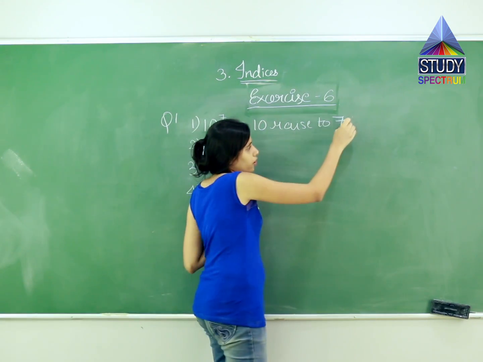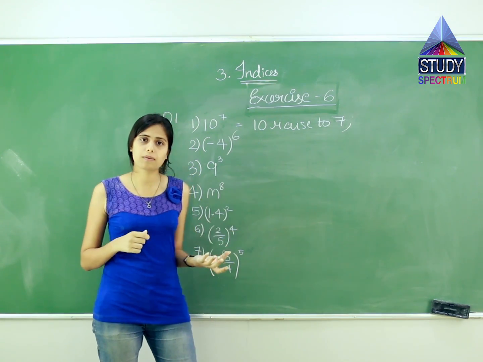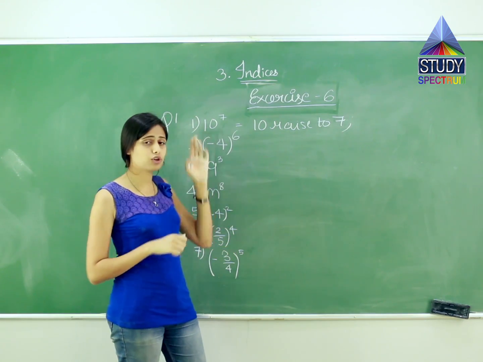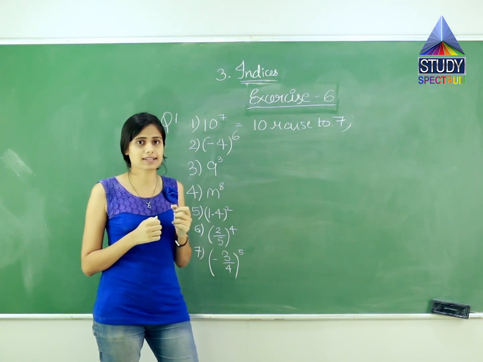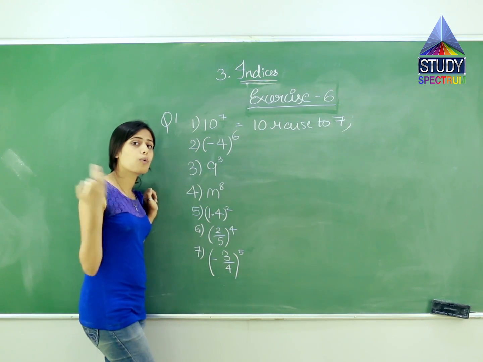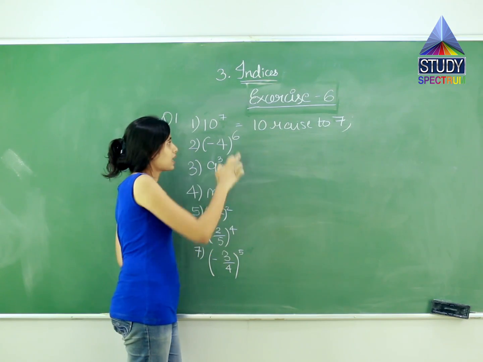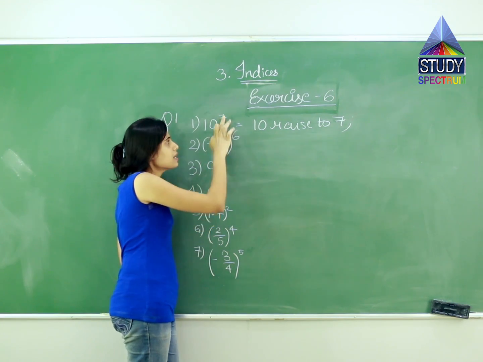And what is the product? What another question they are asking is write the product form of it. So product form means what? As I said, the 10 should be repeated the times given in the index. That is in the base what we have 10, and how many times it should be repeated, that is given in the index form. So 10 should be repeated how many times? 7 times.